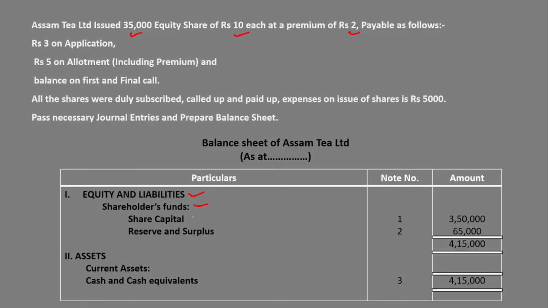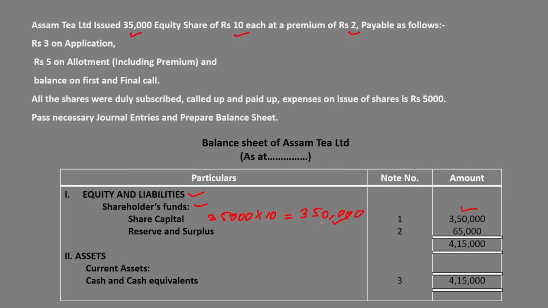As we know, share capital amount will be 3,50,000. How has that amount arrived? The shares issued are 35,000 and the cost of each share is rupees 10. Then we will get 3,50,000.